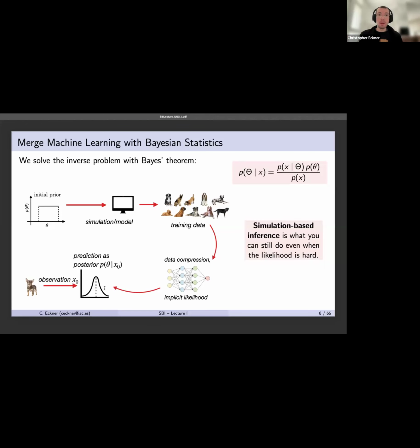This is, in principle, the topic I want to talk about in those two lectures, called simulation-based inference or implicit likelihood inference, which is probably a better name, because whenever we do observations and we have a model, we technically always simulate something. So everything we do is simulation based in some sense. Implicit likelihood is a better name because we learn a likelihood implicitly in this way. This is how it will connect to machine learning and also to what you've heard before, because many topics pop up again here.